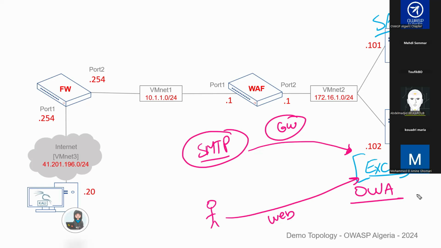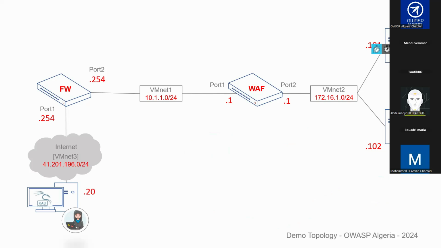And OWA and ActiveSync, by the way, for mobile devices, are protected using the WAF. So the answer is yes and no at the same time. Thank you. You're welcome.